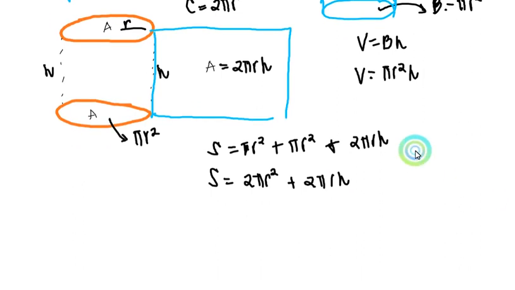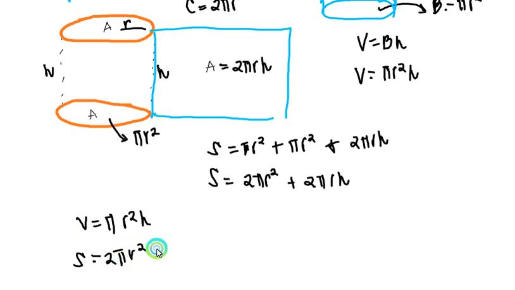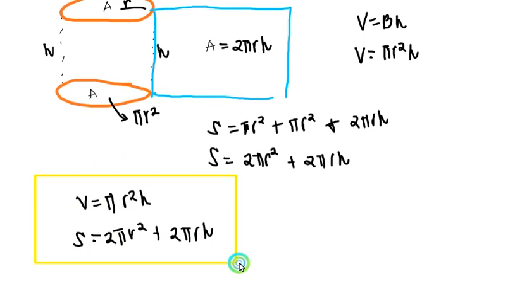So sulat ko lang liwat, V is equal to pi r squared h, S is equal to 2 pi r squared plus 2 pi r h. So this is the formula for the volume and surface area of a cylinder.